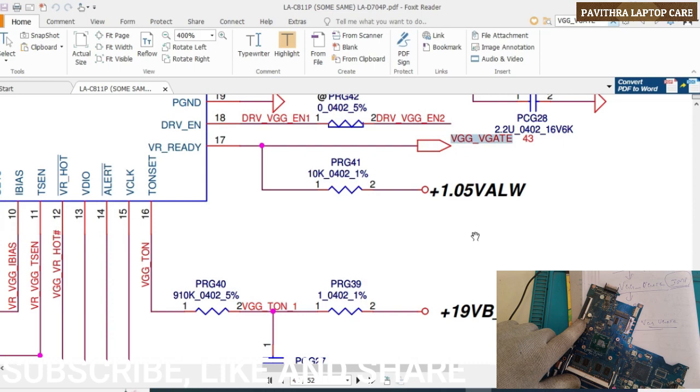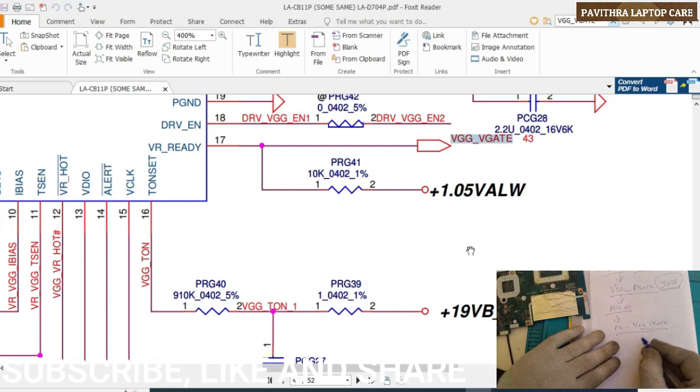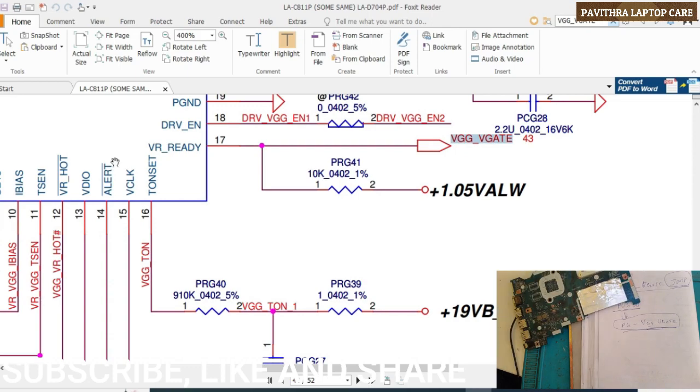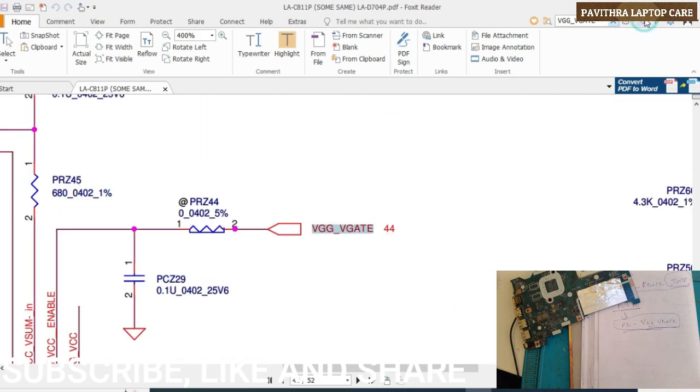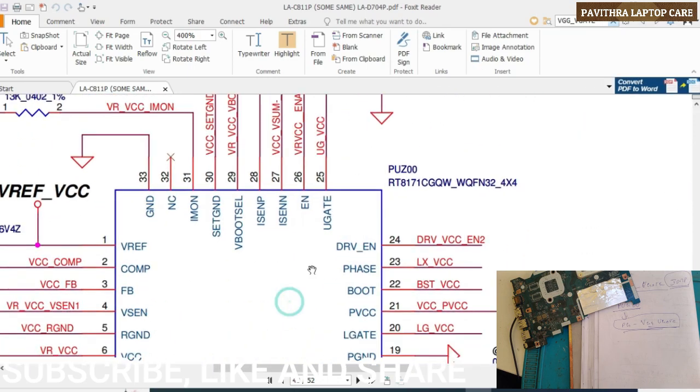Here we are getting 1.05 volts, but here we are not getting it, so we are tracking the VCC core section. So next we come to know this V gate is coming from this PUG 00 IC. Okay, this input enable is over.